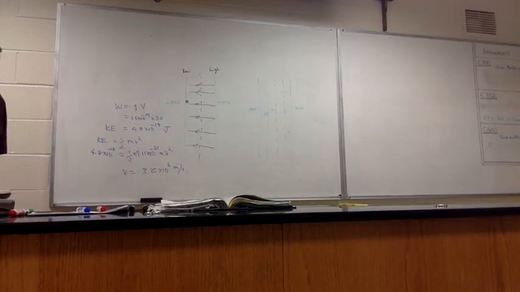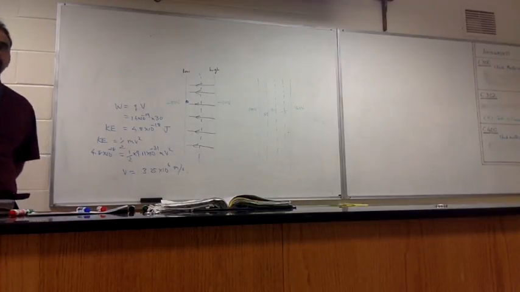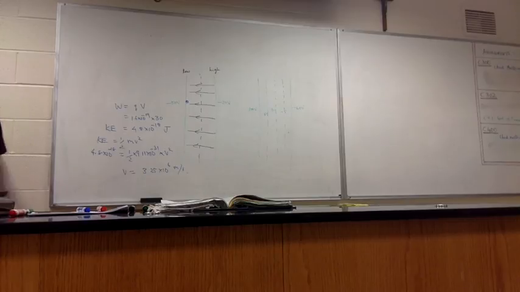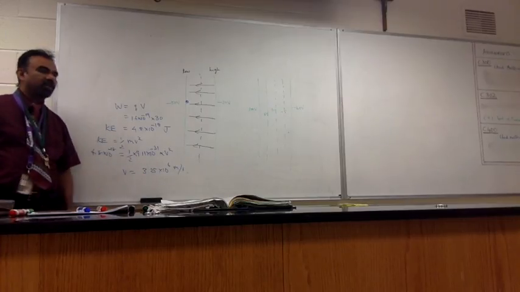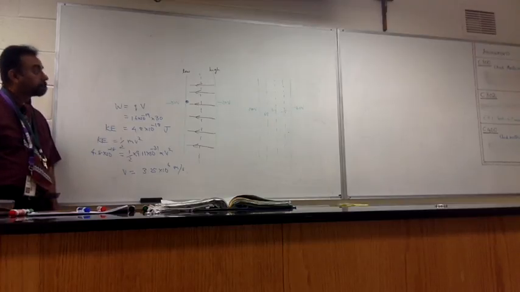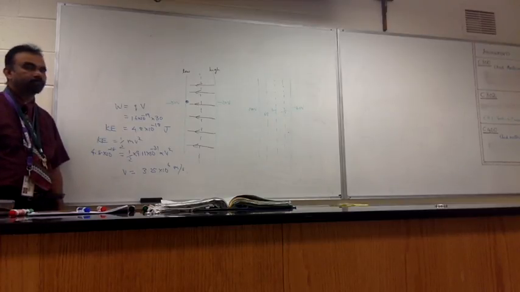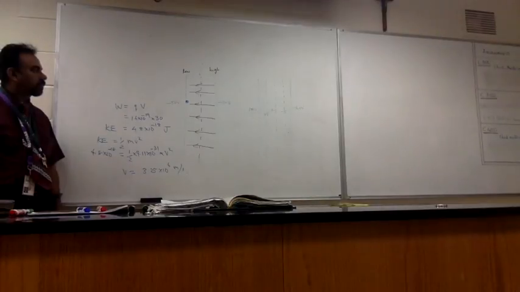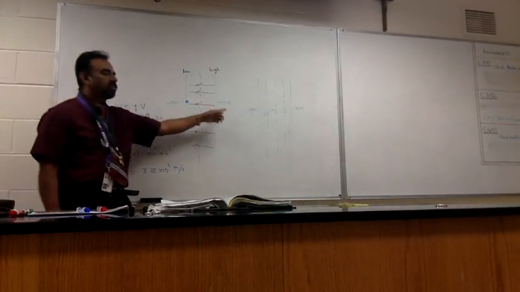So if you know the potential difference between two points, you can figure out a lot more like this. What is pulling that electron in that direction is the potential difference.